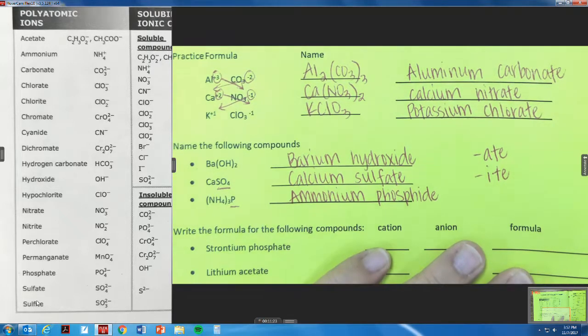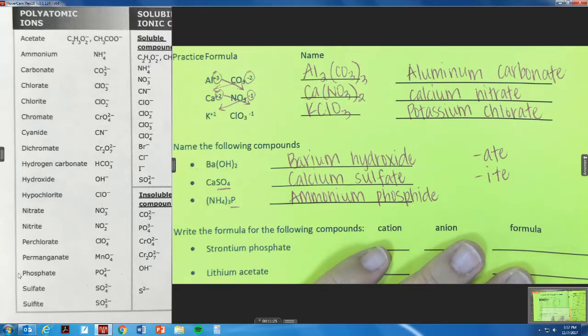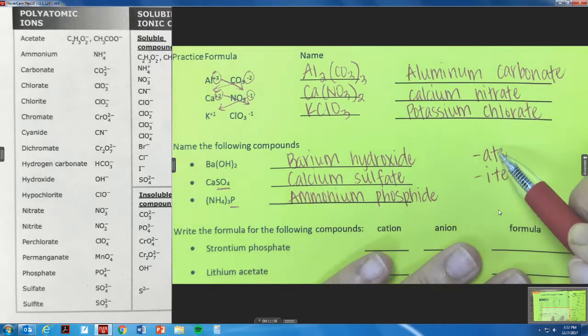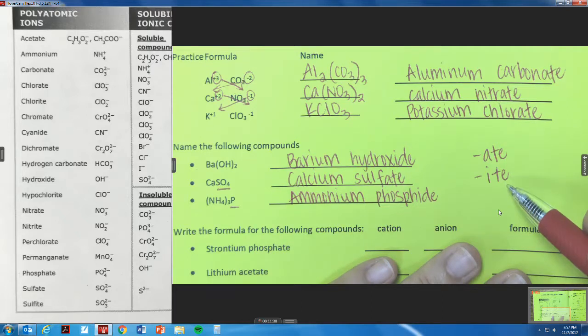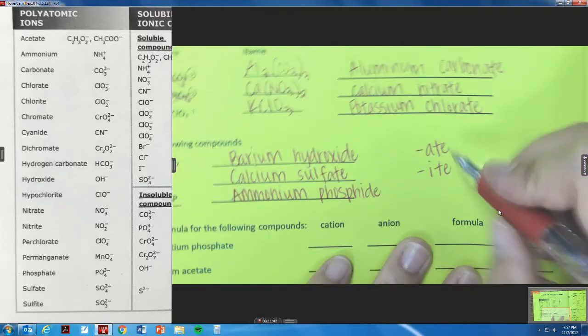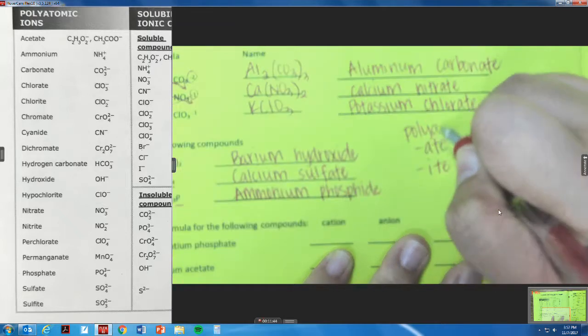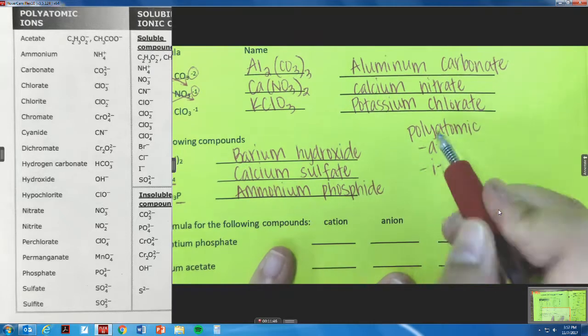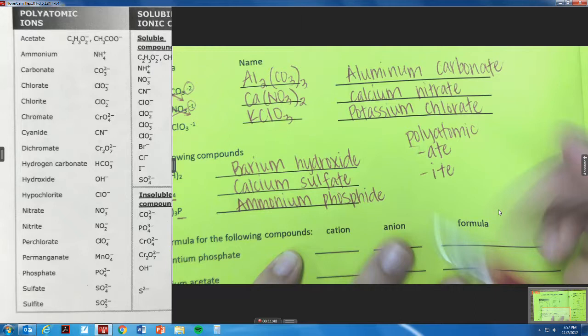So some examples, you have sulfate and sulfite, you have nitrate and nitrite. Okay, so a lot of them are going to end in ATE or ITE. So if it ends in ATE or ITE, then you know it's going to be a polyatomic in the back of your periodic table.